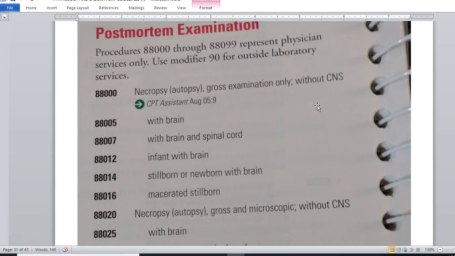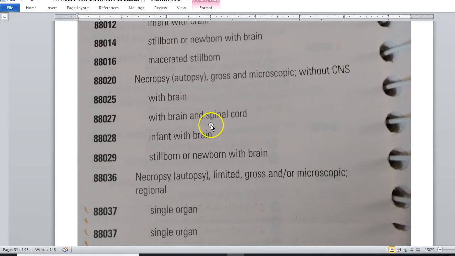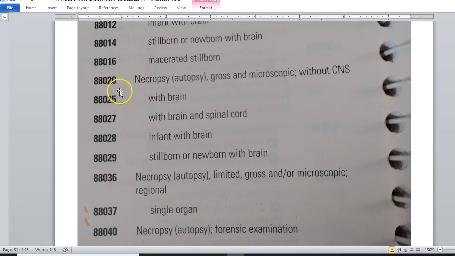However, when you're thinking more of like the TV shows out there and all the different people who work for the morgue and all this stuff, they could be doing a lot more. So that's when we're going to see things like 88020, gross and microscopic. So we're looking into the body to find out what's going on.